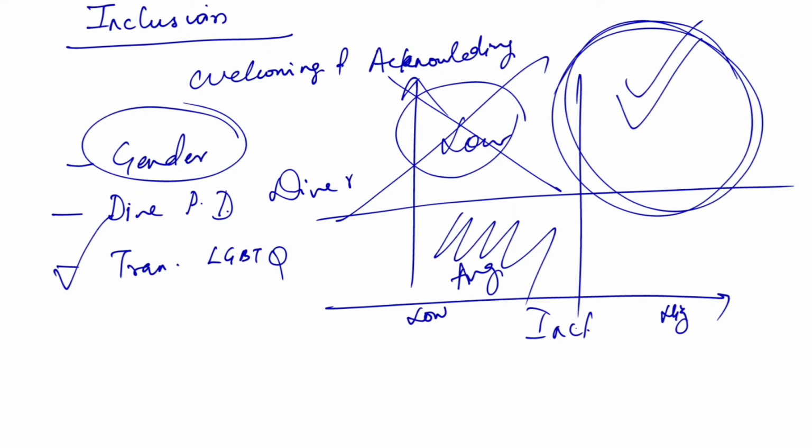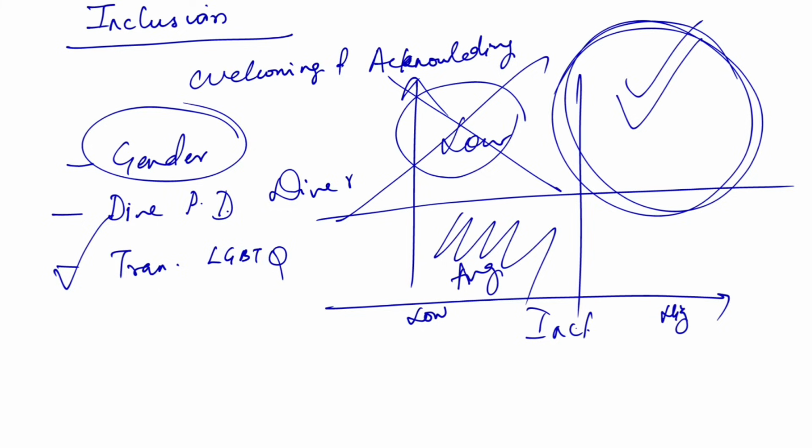So it boosts the others' morale along with the person with the disability, right? And it helps in creating job opportunities for disabled people and enhances the company's image among its customers, the community and suppliers, right? So those are a few benefits of including people with disabilities. So that is the whole thing about diversity and inclusion.